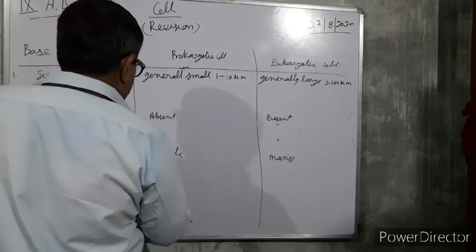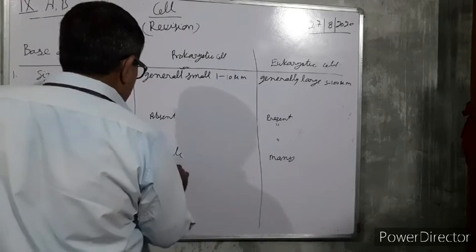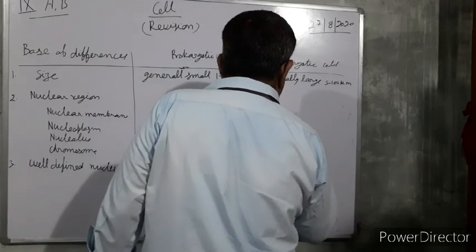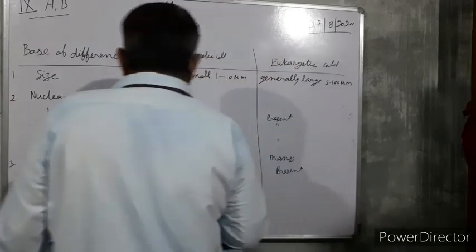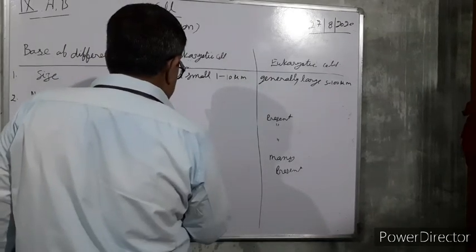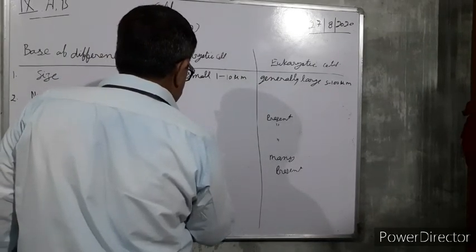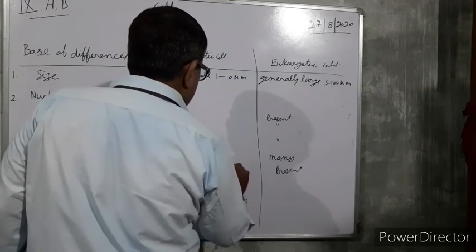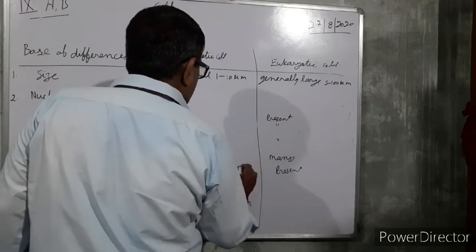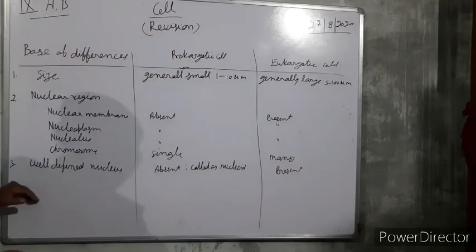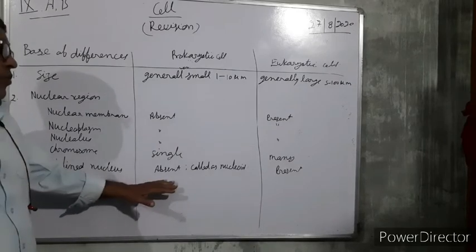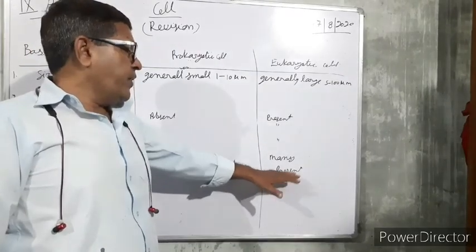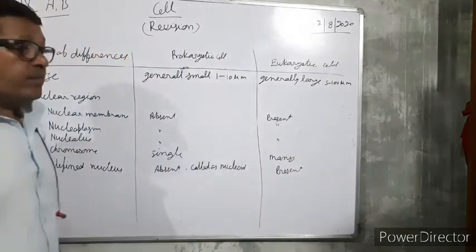Here the well-defined nucleus is absent, and it is called the nucleoid, while here the well-defined nucleus is present in the eukaryotic cell.